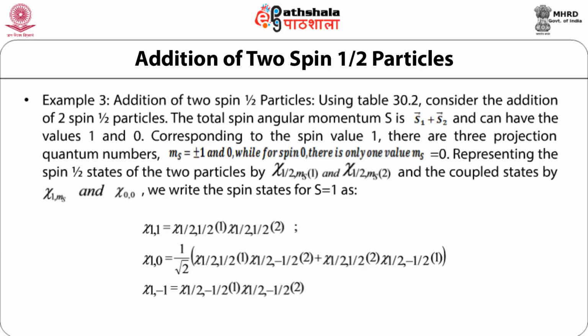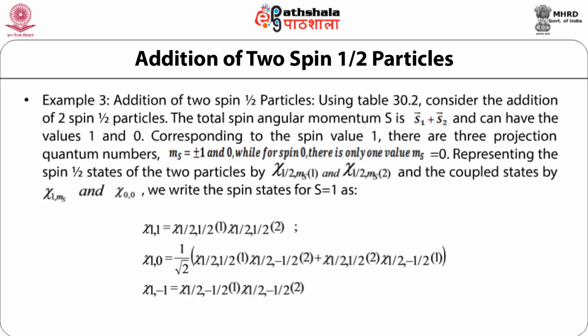So if our value of the total spin angular momentum is 1, then the total number of values that the magnetic spin angular momentum quantum number can take is 3, corresponding to ms equal to 1, ms equal to 0, and ms equal to minus 1. While for the value of the total spin angular momentum to be 0, there is only one value of ms, which corresponds to ms equal to 0.